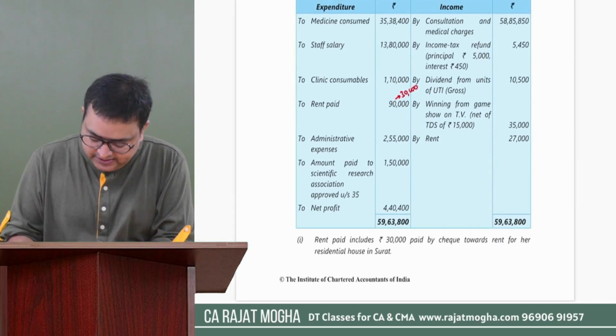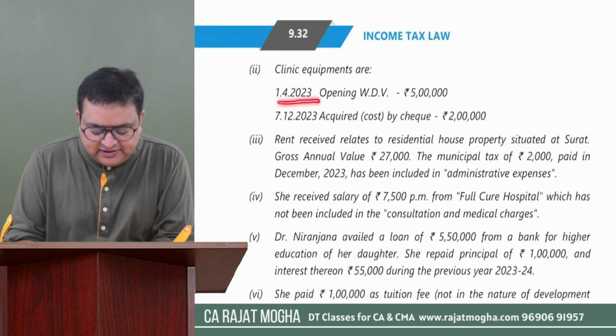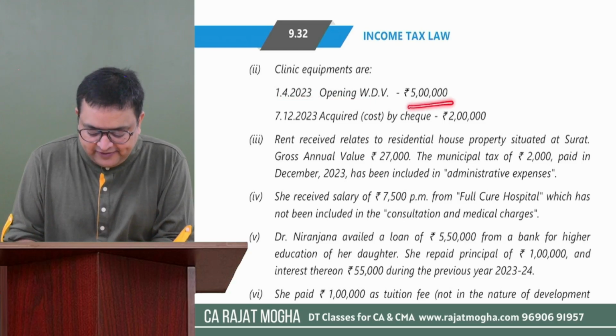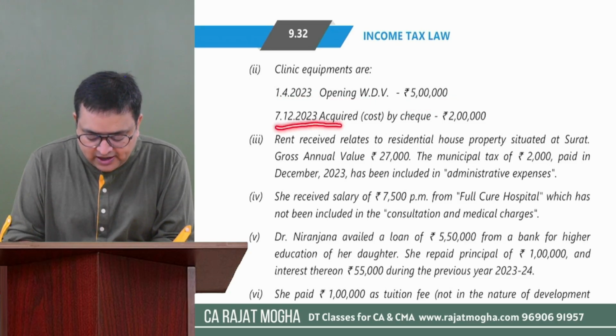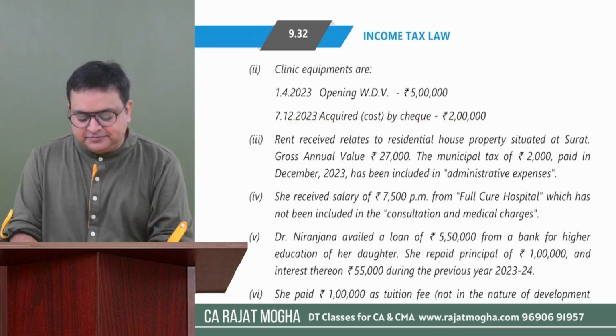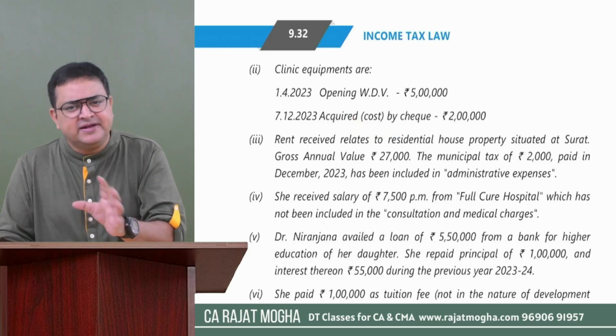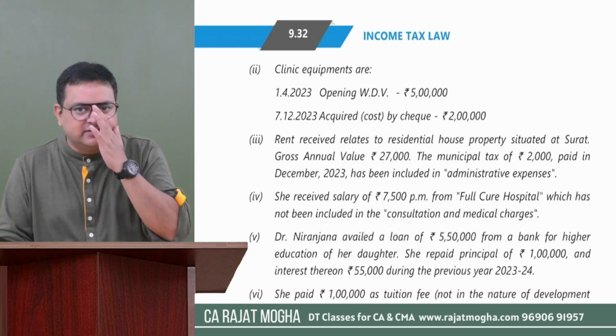Then the second point says clinic equipment on 1/4/2023, that is the opening WDV, is 5 lakh, and on 7th of December 2024 acquired by check rupees 2 lakh, right? If they have not written it by check, we will assume that it is a banking transaction.